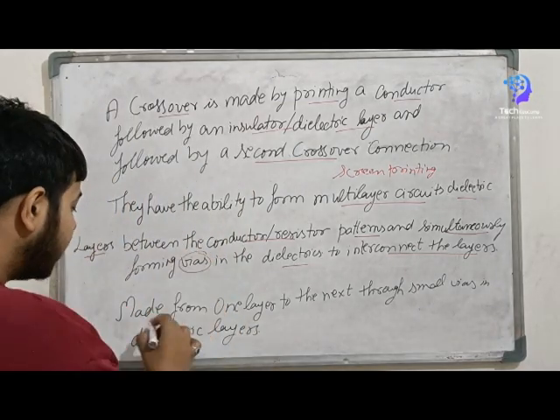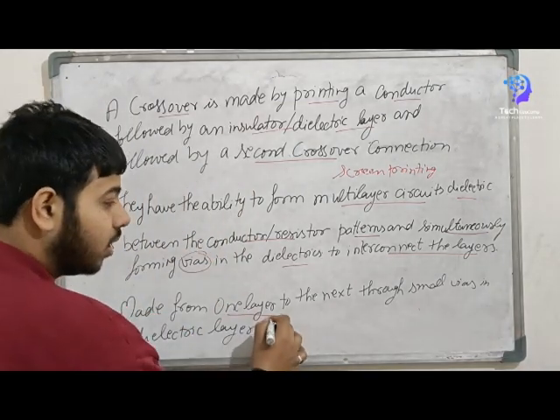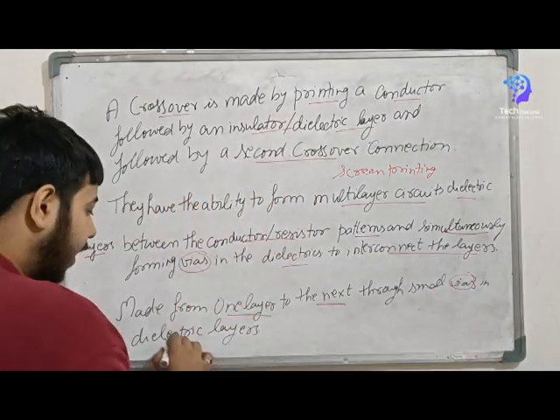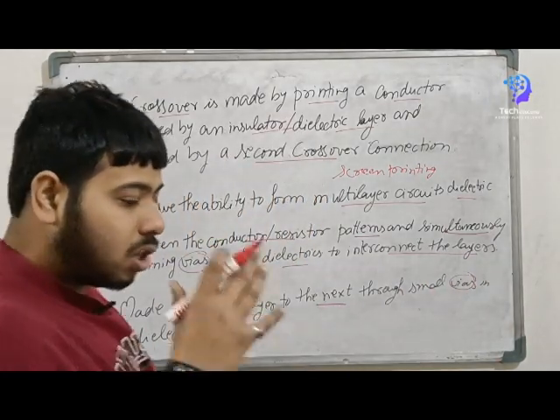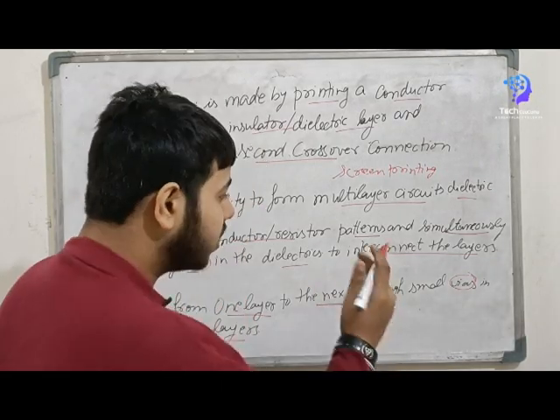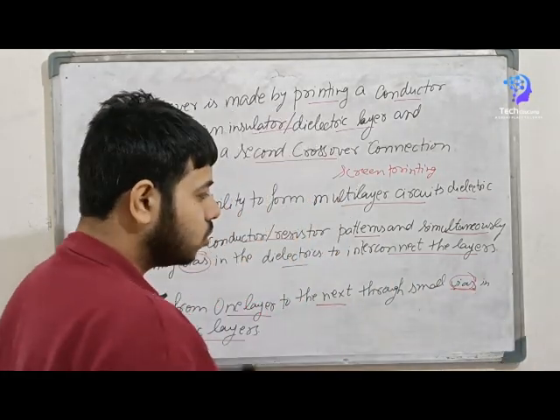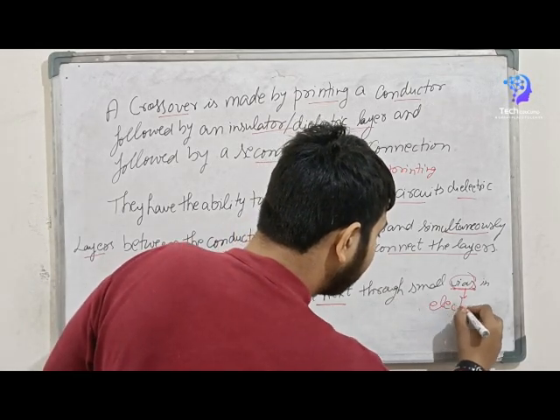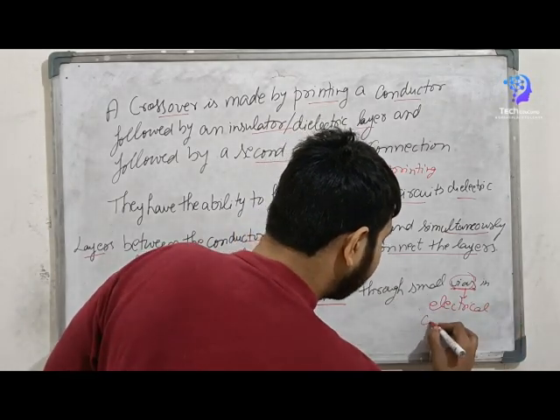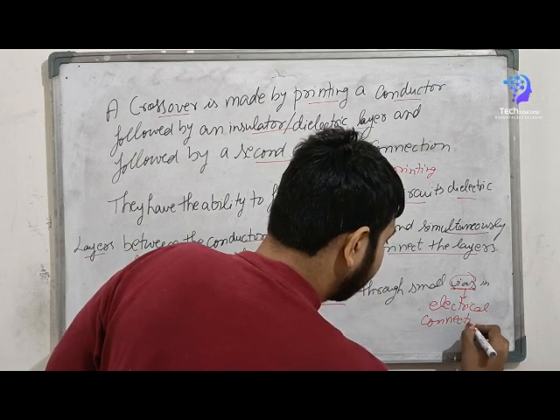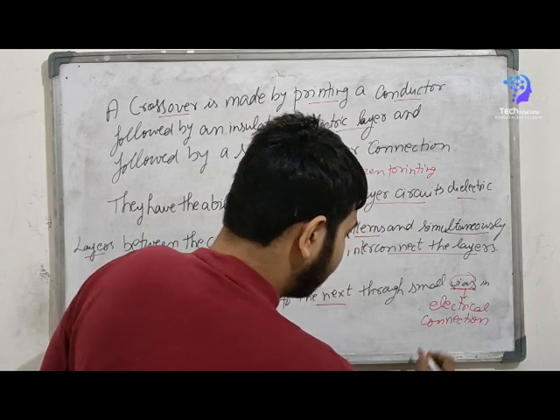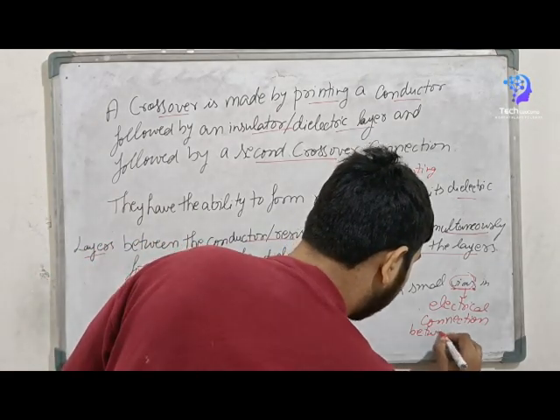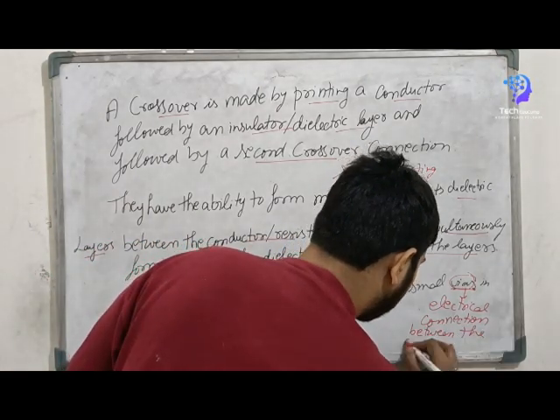So these conductors are made from one layer to the next through small wires in the dielectric layers. Now the question here is what these wires mean. These wires are nothing but electrical connections between the copper layers.